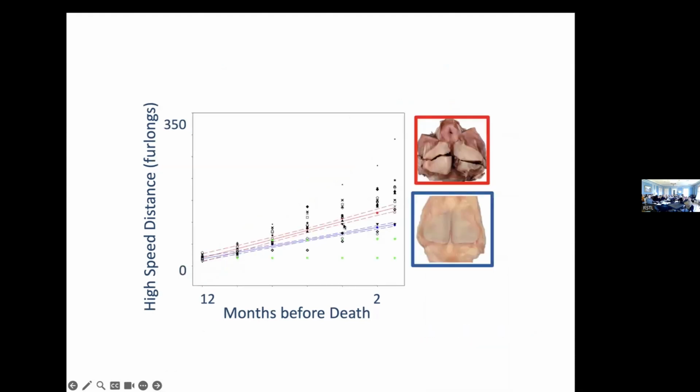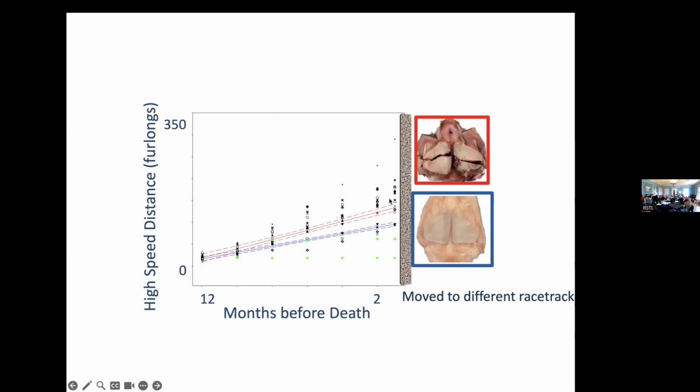Now, this is the same red line and blue line, but I've expanded the number of high distance furlongs because we're following 13 horses here. The ones in black were at Racetrack A until the very end when they moved to Racetrack B. Within the first week or 10 days of racing at Racetrack B, 13 horses broke down.